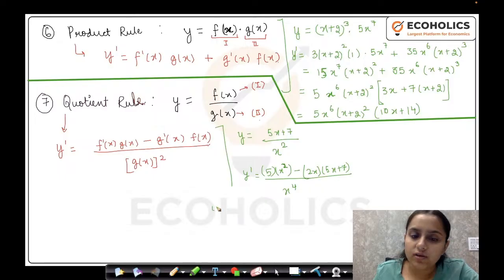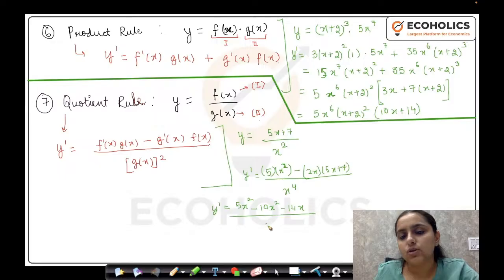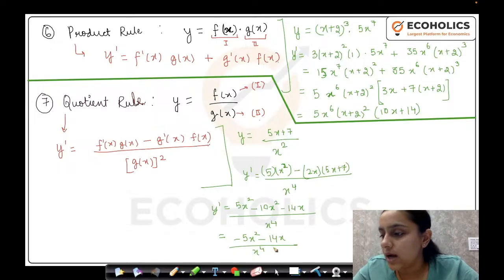So this will give me y dash as 5x square minus 10x square minus 14x upon x raised to the power 4. Then I should get minus 5x square minus 14x upon x raised to the power 4.